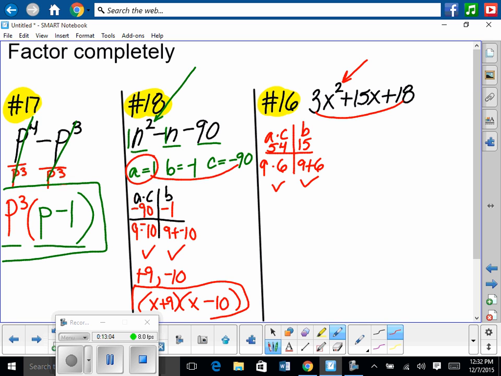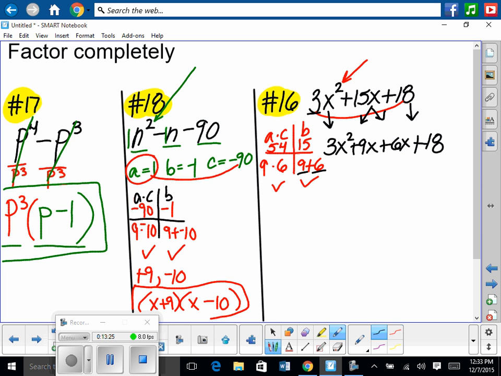So it works in both cases, but we could not quick factor this one because our a value was a 3, not a 1. So we drop and break. So we're dropping down our end terms, 3x squared and positive 18. And then we break down our middle term. We're rewriting 15x as positive 9x and positive 6x.